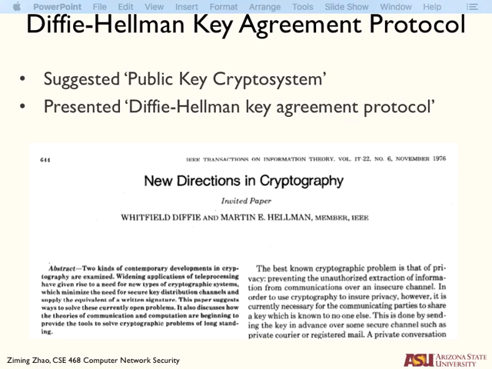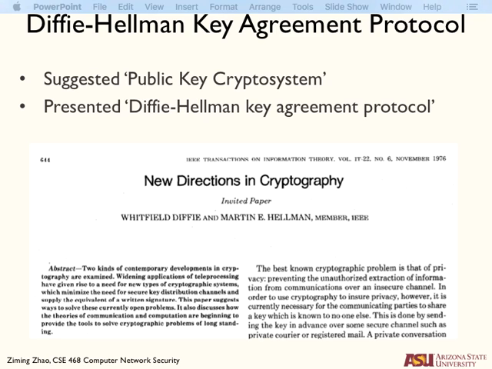Obviously, that's not the only purpose. The paper was titled New Directions in Cryptography. Before that, we only had symmetric key crypto, and we didn't have a good way to share symmetric crypto keys. And in this paper, Diffie and Hellman first suggested public key crypto, or asymmetric key crypto.